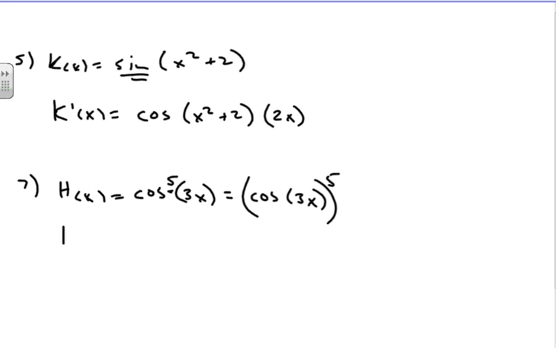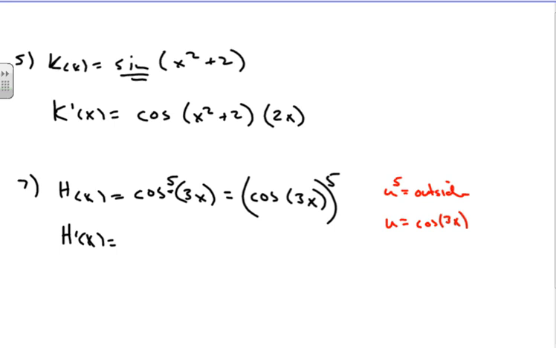To find this derivative, we take the derivative of the outside function. Our outside function is u to the 5th, and our inside function, u, is cosine of 3x.